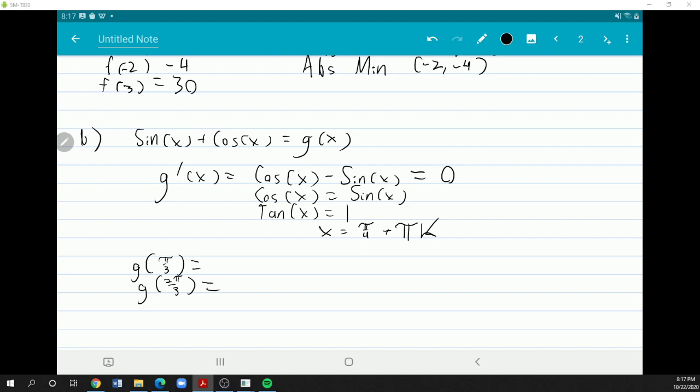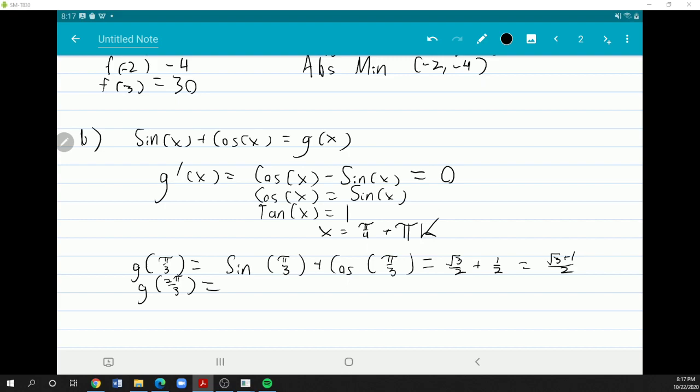So sine of pi over 3 plus cosine of pi over 3, I get root 3 over 2 plus 1/2, which equals root 3 plus 1 over 2.